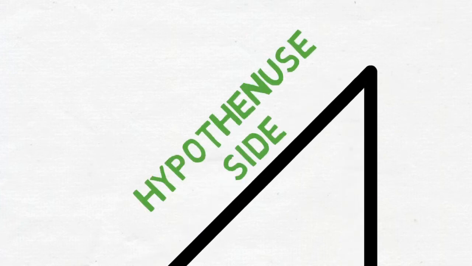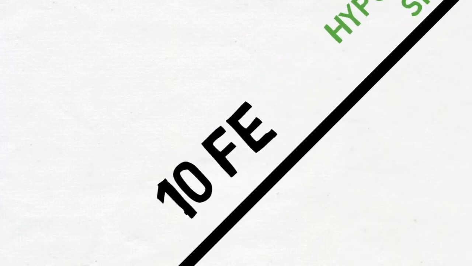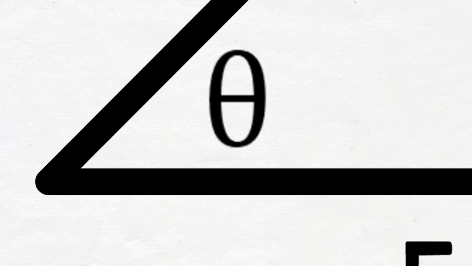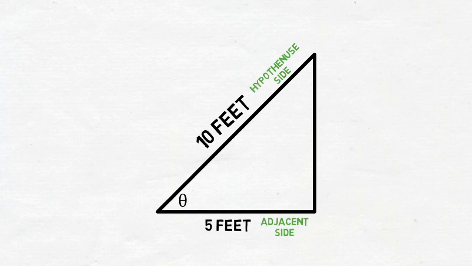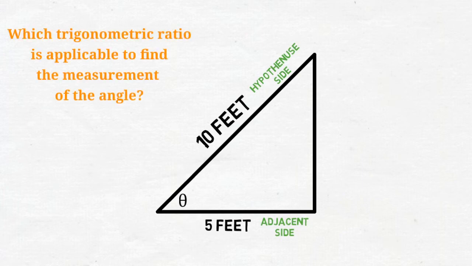As you can see, we already have the value of the hypotenuse side, which is the length of the ladder, 10 feet. We also have the measurement of the base, which is 5 feet. Since we are looking for this angle, we can now label the 5-foot base as the adjacent side. Having the hypotenuse and the adjacent side, which trigonometric ratio do you think is applicable to find the measurement of the angle?